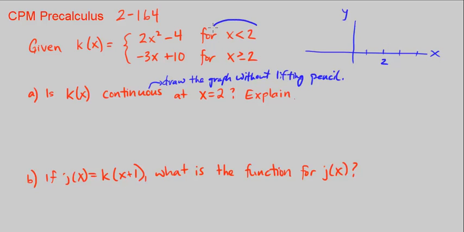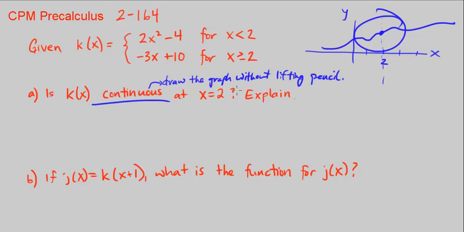So what this is saying is that for both these functions, there's a transition at x equals 2. If we plug in x equals 2 for the piece where x is less than 2, and for the piece where x is greater than or equal to 2, and those give us the same point, then yes, it's continuous, and we don't need to lift our pencil.